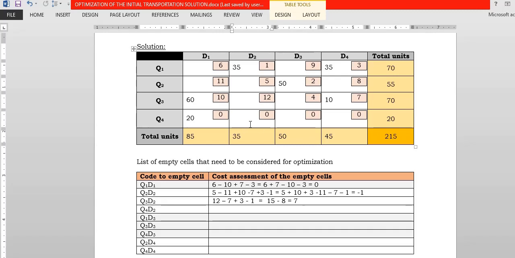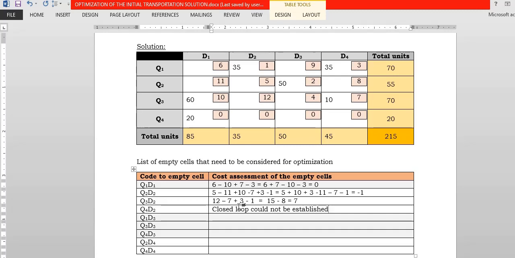Okay, so because of that, therefore, we shall say Q4D2, impossible, no closed loop could be established, so we can't compute anything. So that one is jumped.